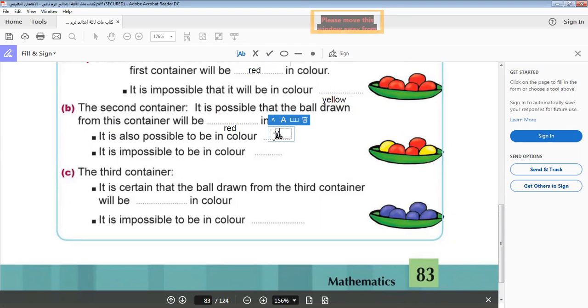But I don't know, if I draw a ball blindly, which one I will get. So yellow or red. But it's impossible to be blue because there is no blue, and it's impossible to be black or anything else.